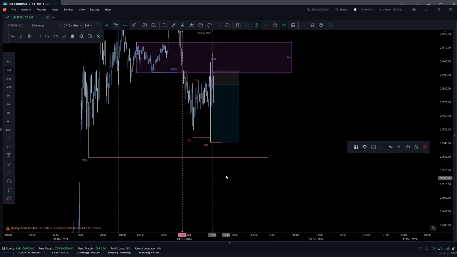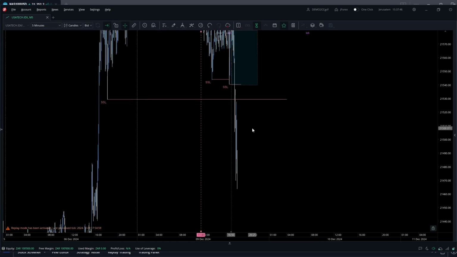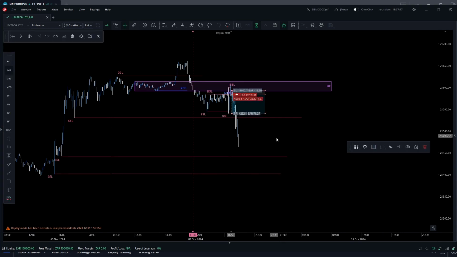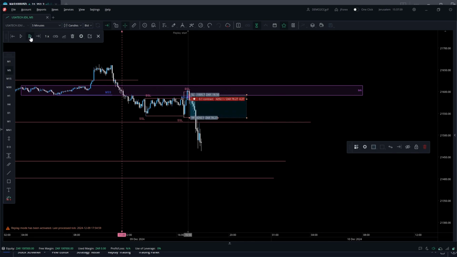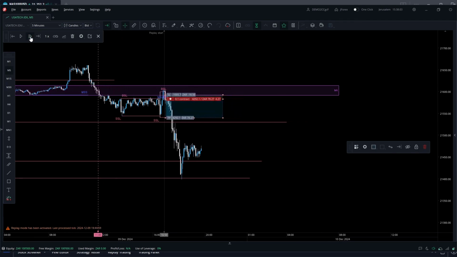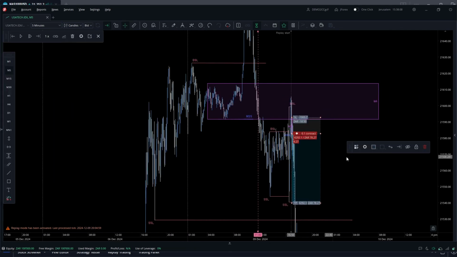But in any case, let me show you how this trade works out. You could target the rest of the sell side liquidity resting here and here, and you would still be winning that trade, as you can see. So that's how breaker blocks work.